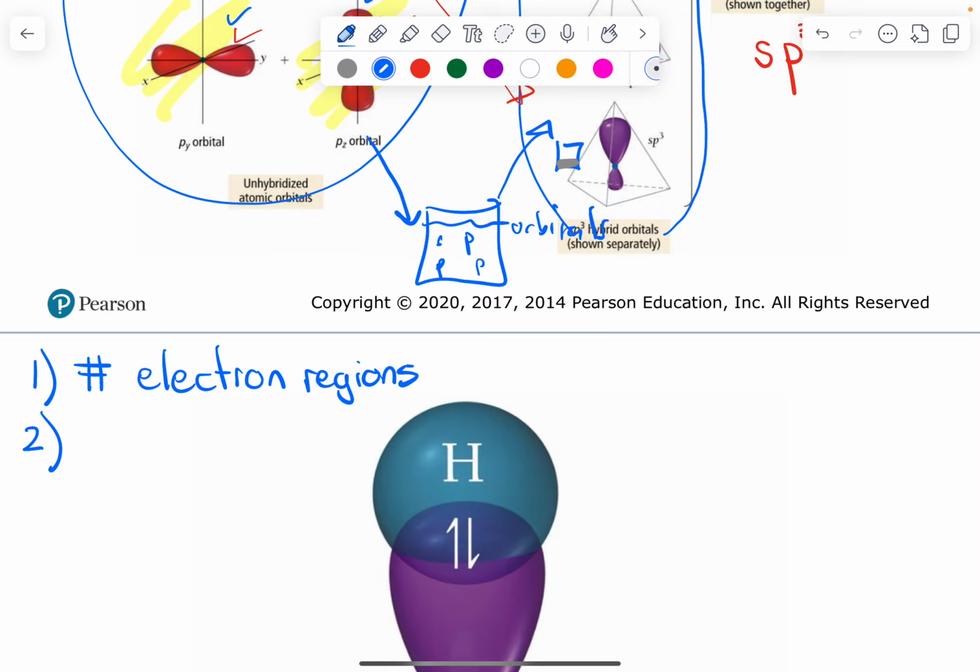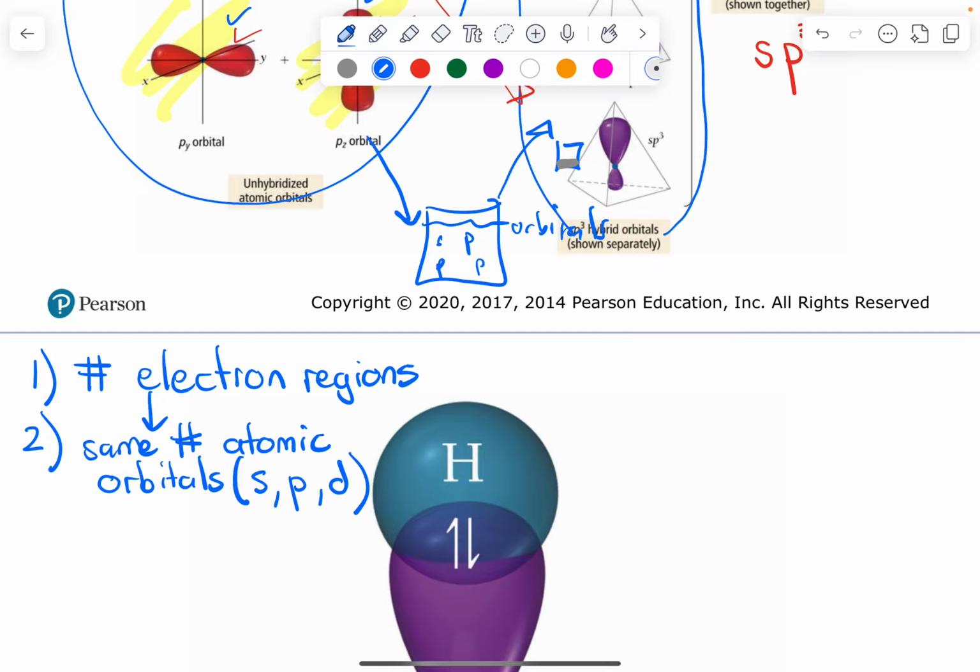Then you're going to start with that same number of what we call atomic orbitals, so from the atom itself. So this is going to be S, however many we need, S, P if we need them, and then even D's if we also need them. Keep in mind, though, you only have 1 S available. This is stuff from chapter 9.